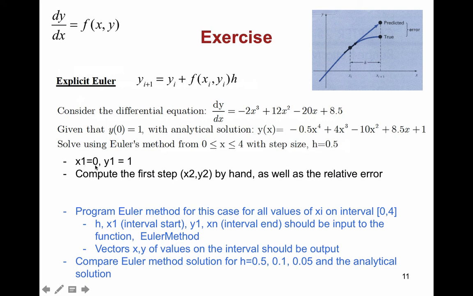Starting point x1, y1 is 0 and 1. I want you to compute y2 given that step size h is 0.5. So what is x2 and what is y2 using Euler's method? And then on Friday we get to program this.